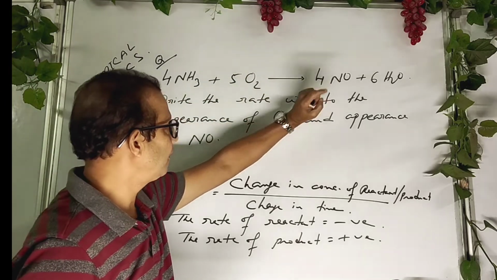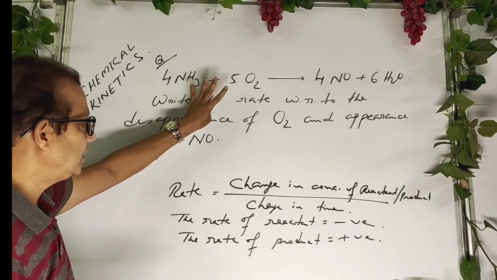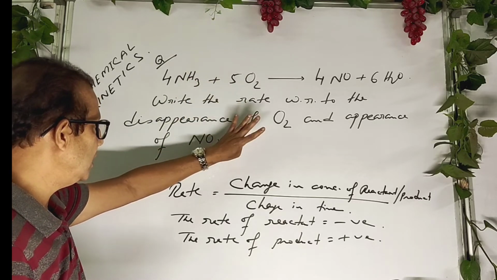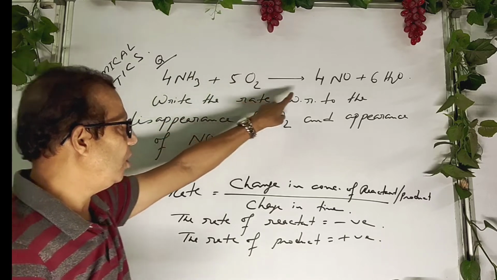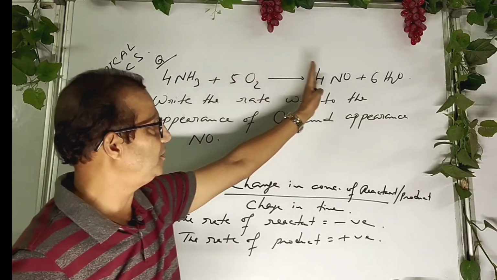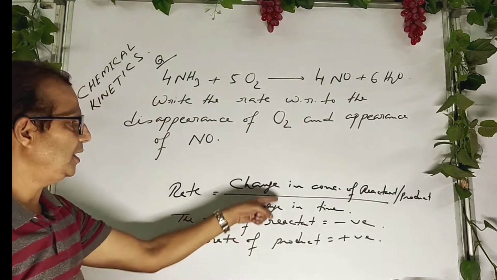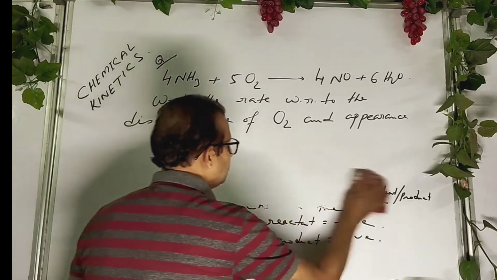This is the question. Reaction is given. You are asked to write the rate of either disappearance of any of the reactant or appearance of any of the product. This side reactant, this side product. Whenever you write the rate, then how to write the answer?